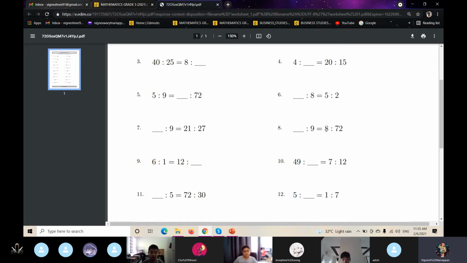So also you can use the same one. 8 divided by 8, you will get 1. 1 times 8 also you will get 8. Understand? Very simple. You can use both ways actually. You try to divide first. If you cannot, you try to multiply first. Somehow you will get the answer. So your missing number is 1.